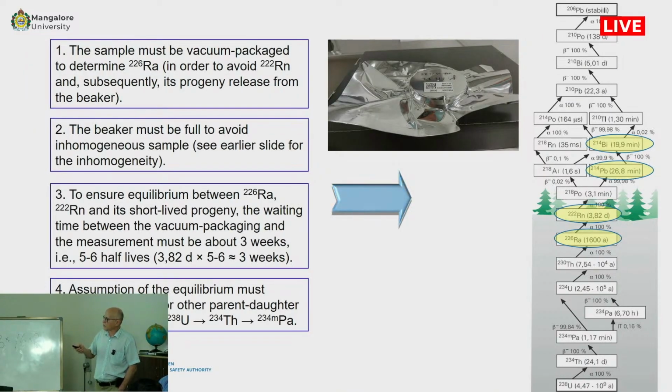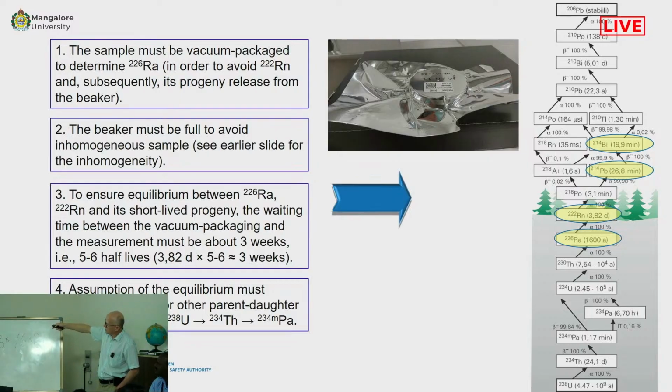But how to analyze, or what are the requirements of the sample? Because our normal beakers are wrapped in this case with foil, as they are not gas tight. You can see radium disintegrates into radon, which subsequently decays to lead and bismuth.